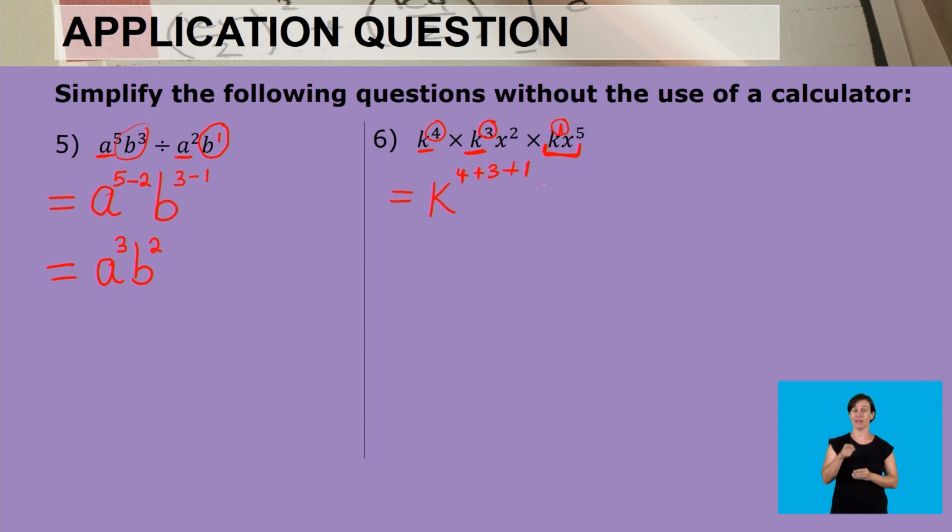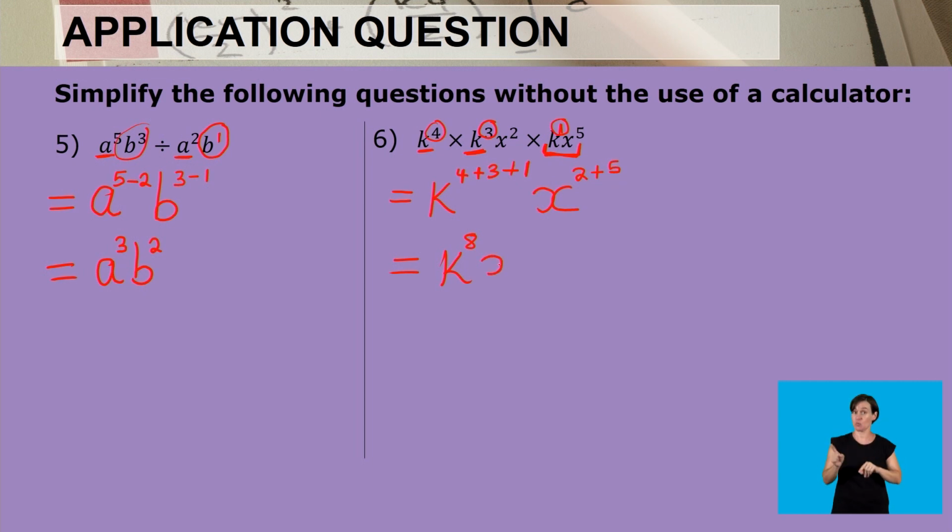And then we are going to multiply this by x because we cannot forget that x there. When we are looking at our base x's, we have an exponent 2, and we are going to add this with an exponent 5. For that k, we are going to say 4 plus 3 plus 1. That gives us an 8.